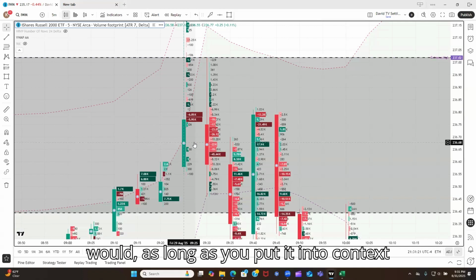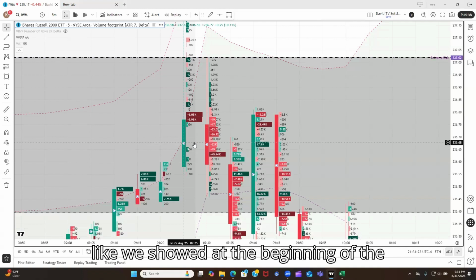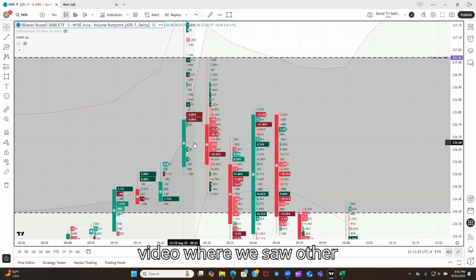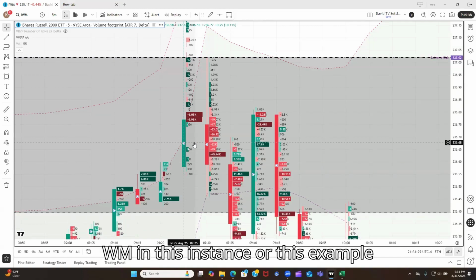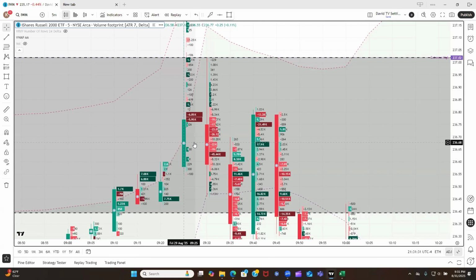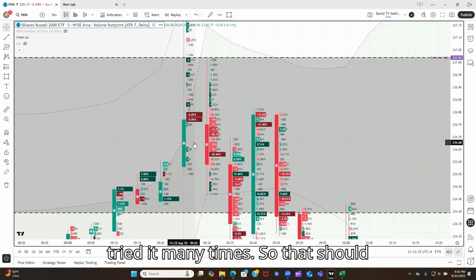As long as you put it into context, like we showed at the beginning of the video, where we saw other participants did not like to buy IWM in this example in the high 236 or 237s. They tried it many times. So that should be some kind of analysis to tell you that other participants did not like price that high, so the likelihood of us continuing to go higher is not there.